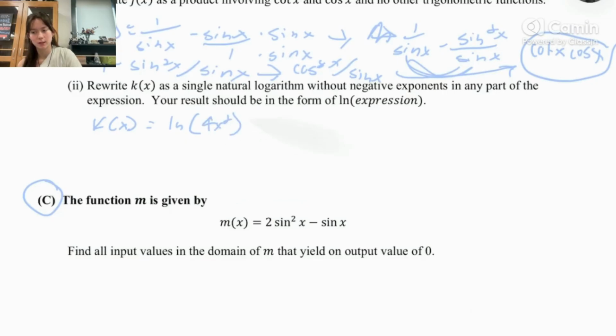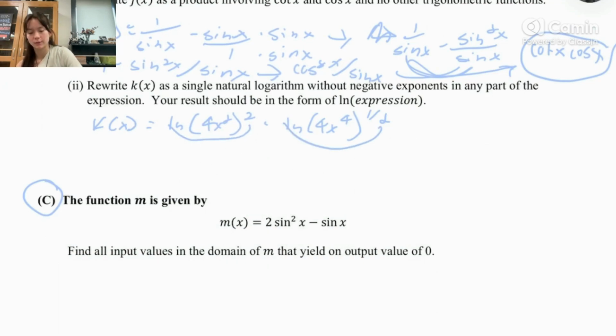And part 2, you're going to do k of x equals ln 4x squared to the power of 2 minus ln 4x to the 4th to the 1/2. Just bringing it up, making it a little bit simpler. We brought this 2 from over here and this 1/2 from over here.